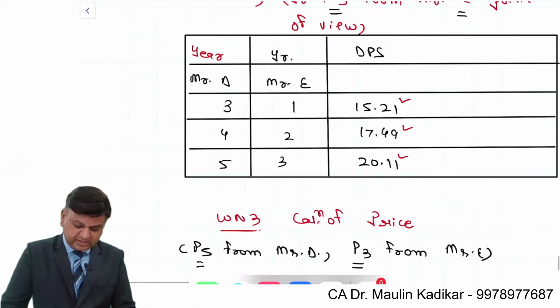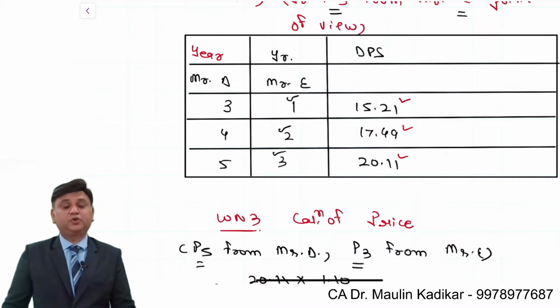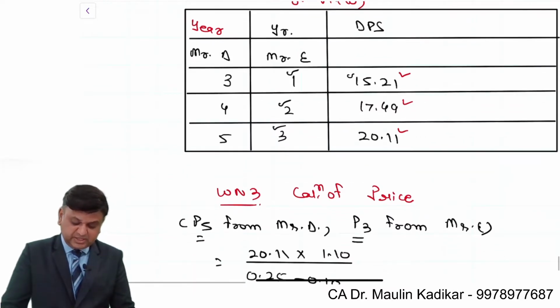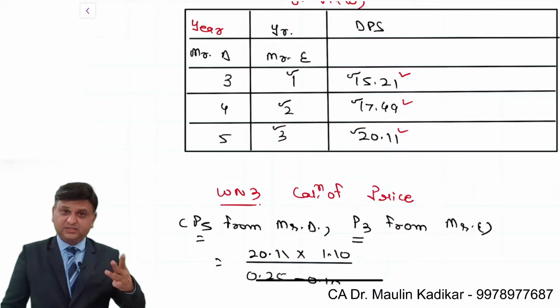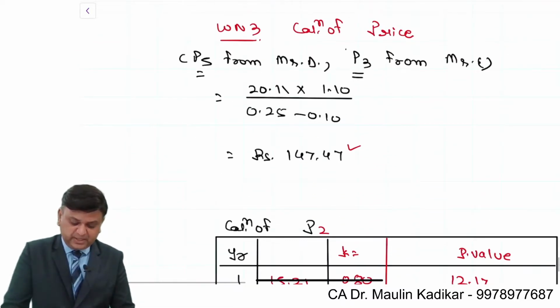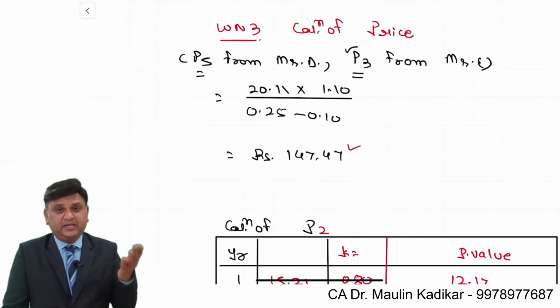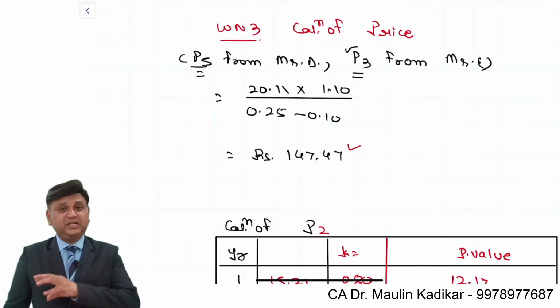We have calculated the dividend for 3 years. That is till the time the growth rate is becoming constant for perpetuity. This is what the prospective investor is going to receive for 3 years. Then we make the computation of the P3 from the prospective investor point of view, and it is P5 from Mr. D point of view.